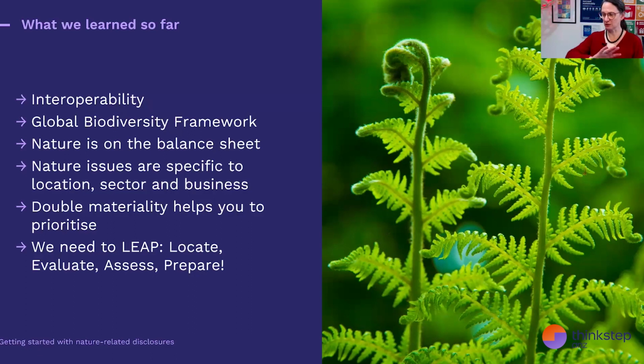Where carbon is a global topic, nature will be very different to local issues on biodiversity. I really like the LEAP acronym of locate, evaluate, assess, and prepare, which really is your guidance on how to get started.